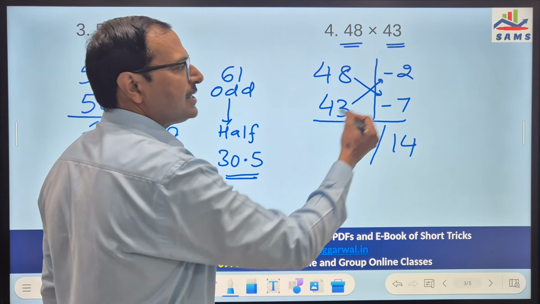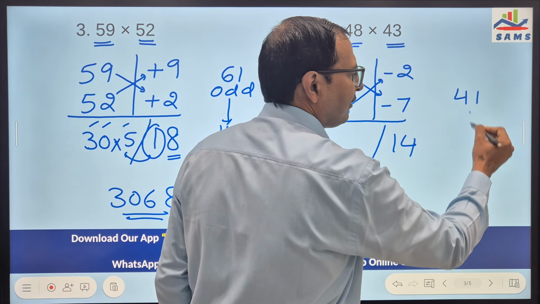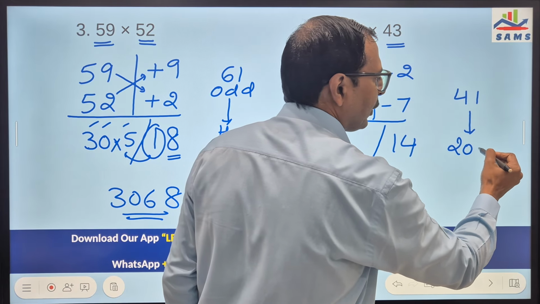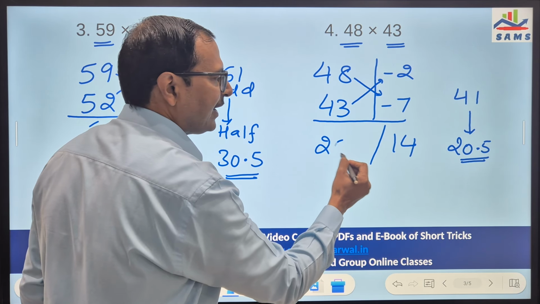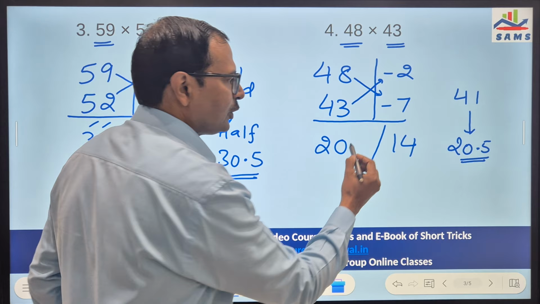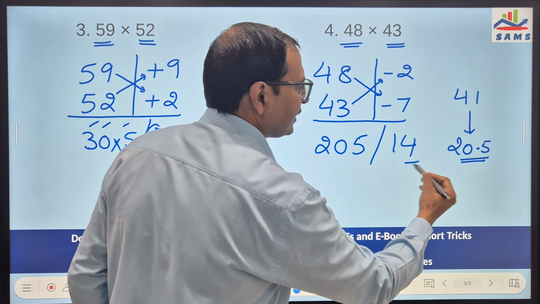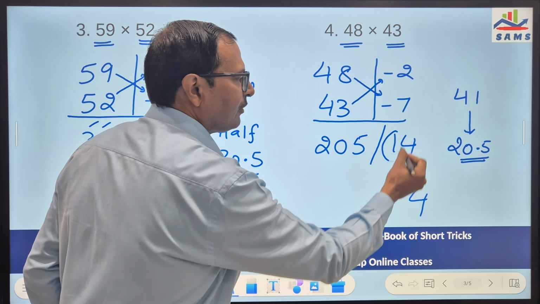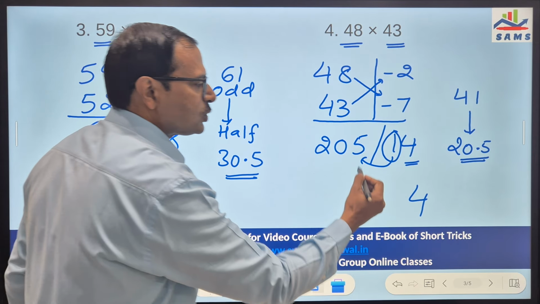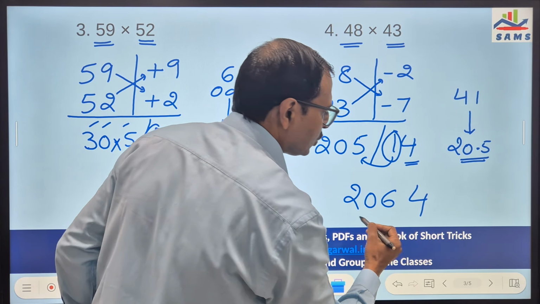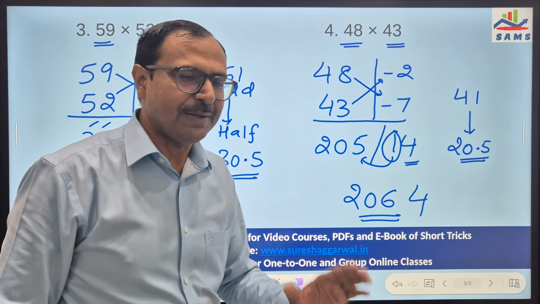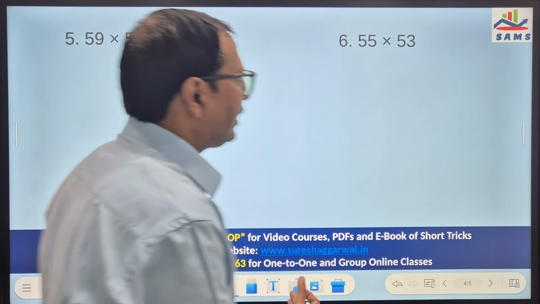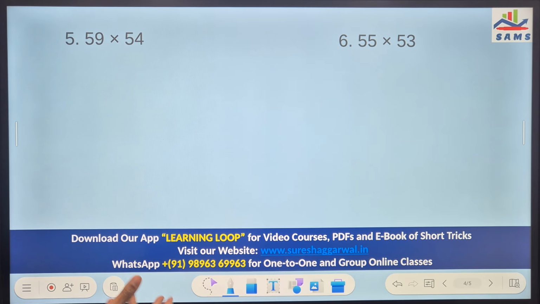Subtract like this, it is 41 again, and half of 41 is 20.5. Now again a decimal. So write 20.5, forgetting the decimal, so it is just 205. Take the unit digit 4, carry forward the tens digit 1, it is 206. So 2064 is the product of 48 and 43. Things will get simpler if you start doing many questions of the same trick.